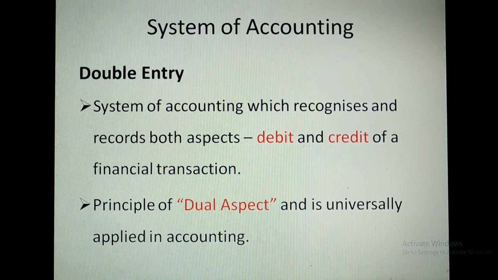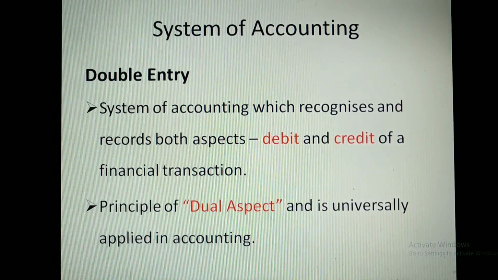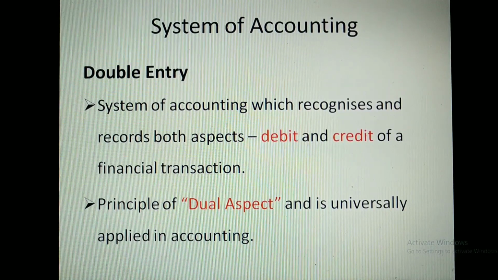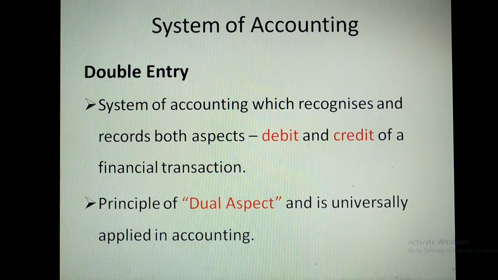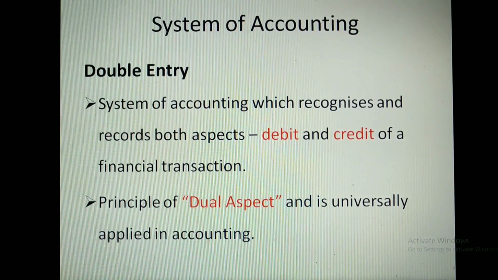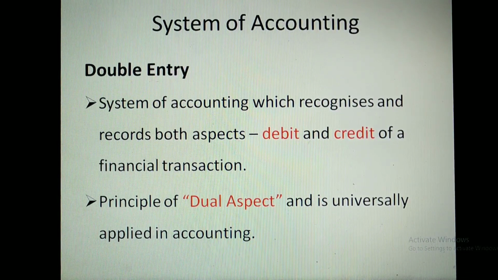Coming to System of Accounting, first system is double entry system, which says System of Accounting which recognizes and records both aspects, that is debit and credit, of a financial transaction. If you relate this point to our example, we understand that we are recording both debit and credit aspects of a financial transaction.